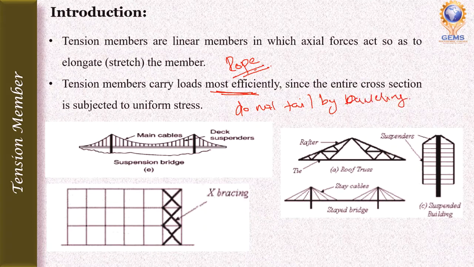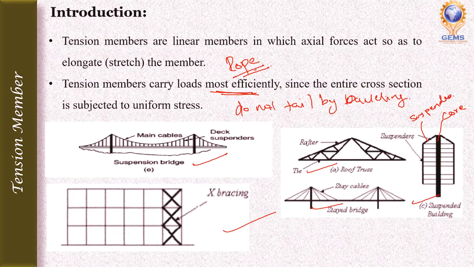These are some of the examples of tension member construction: suspension bridge, roof truss, stayed bridge, suspended building, or X-bracing in the structure. If you take the suspended building, this central member is called the core, and these are suspenders.